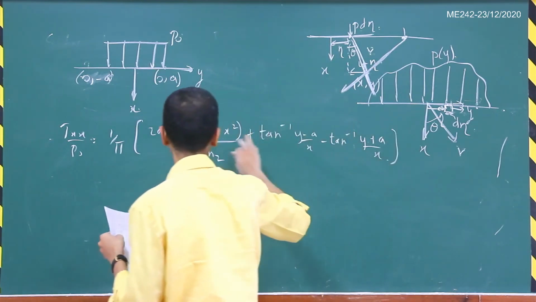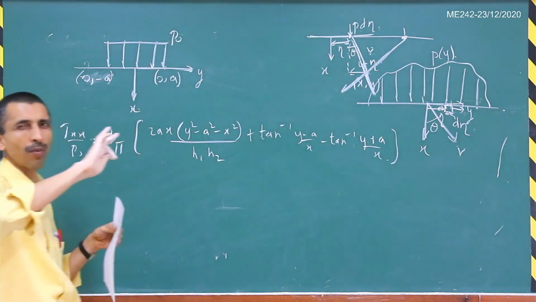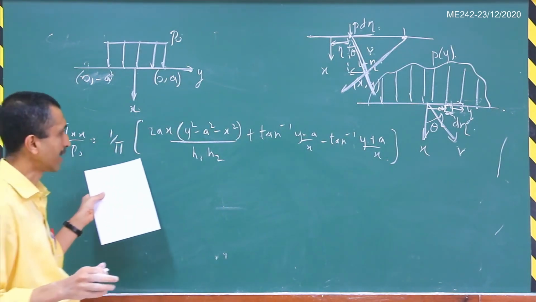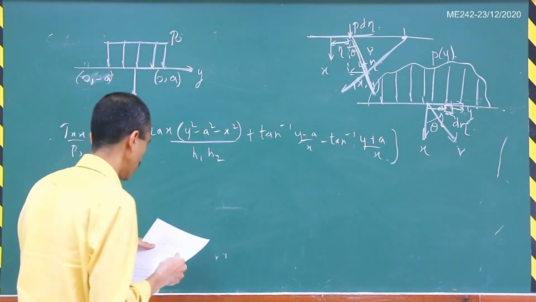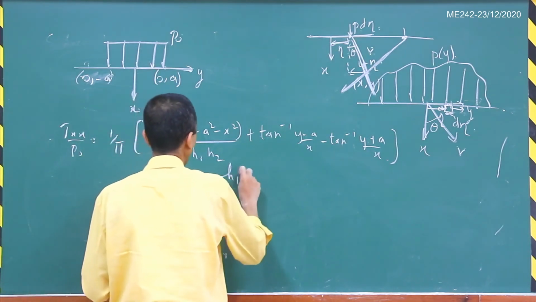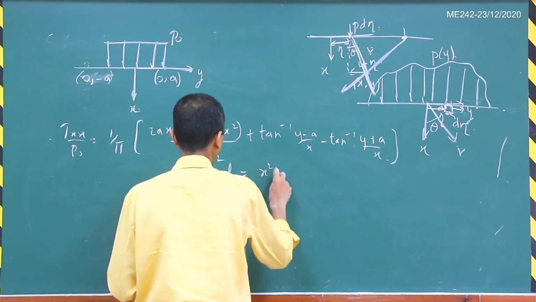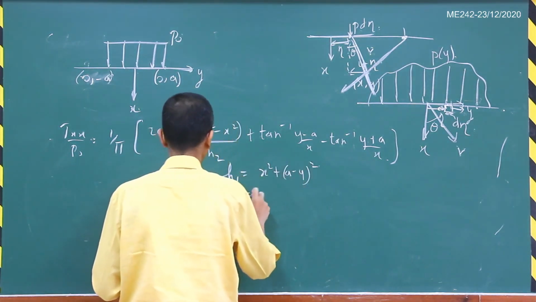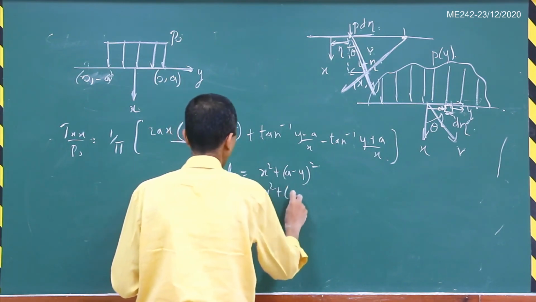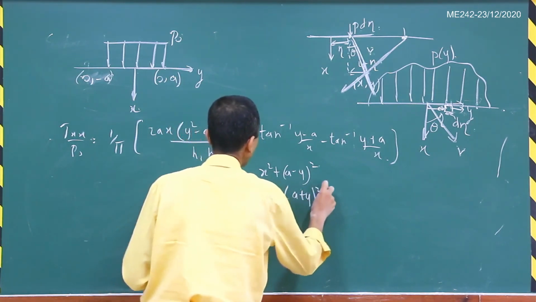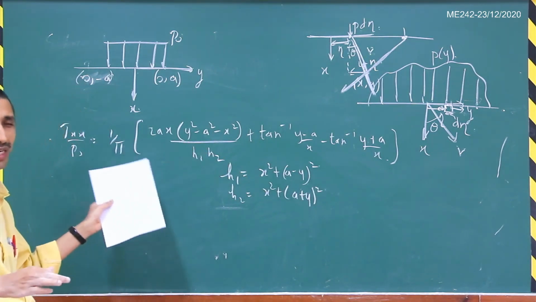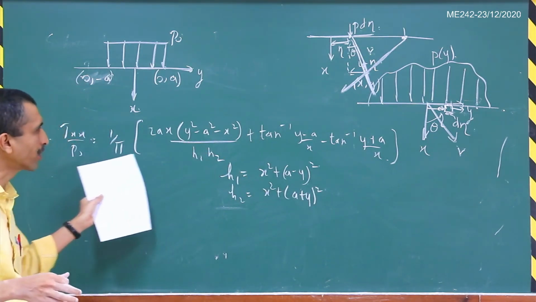I don't want you to do all these complicated integrals. That is not the expectation in this particular course, but I just want to show you the nature of the solution. That is the reason that I am writing this. h1 is equal to x square plus a minus y square, and h2 is equal to x square plus a plus y square. As I said, I don't expect you to do all these integrations, but I'm just trying to give you the solution.